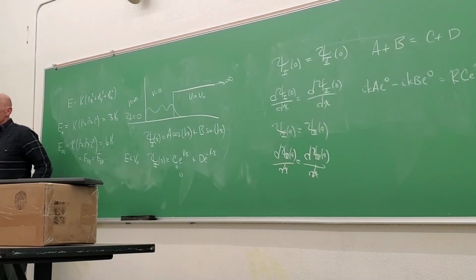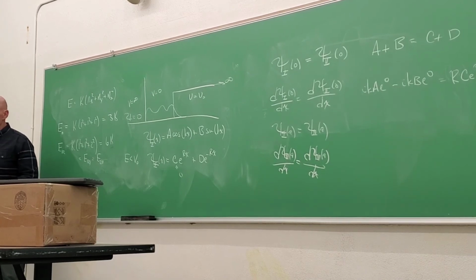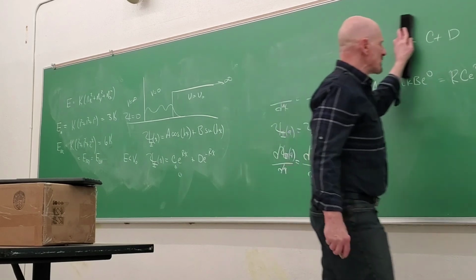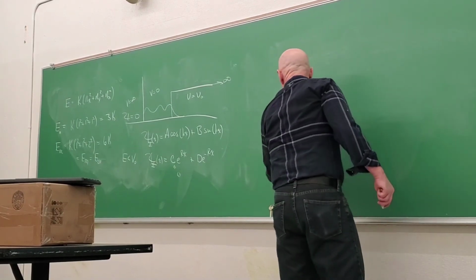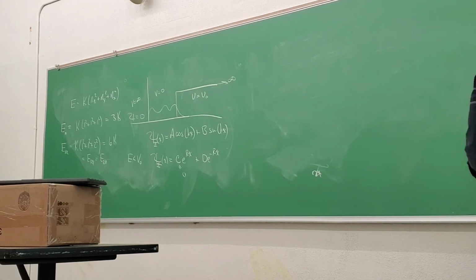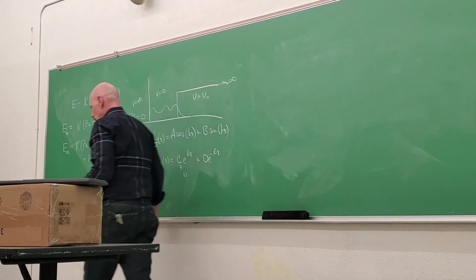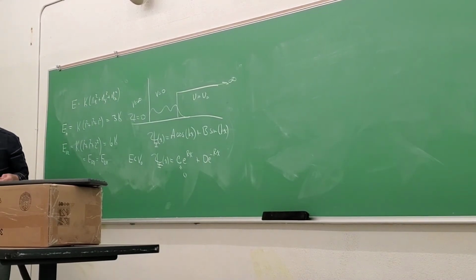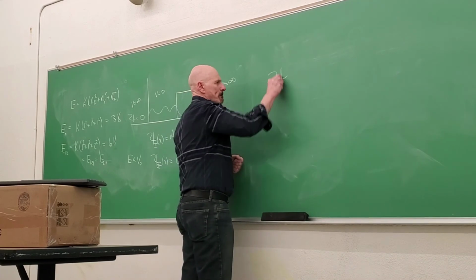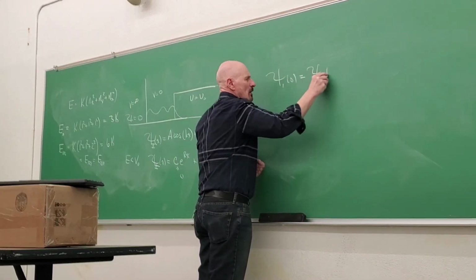So now, what are your boundary conditions? List them. Based on the arguments that we've made in the tunneling probability and the 1D particle in the box, list the boundary conditions for this problem. Psi 1 at 0 has to equal psi 2. Exactly right. And then the derivative, and that equals 0.